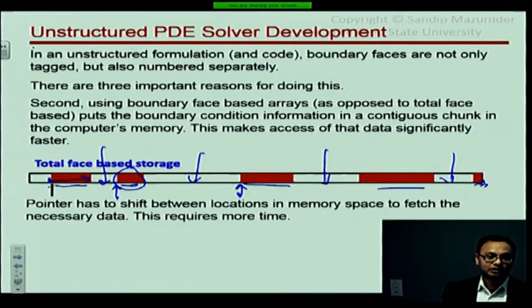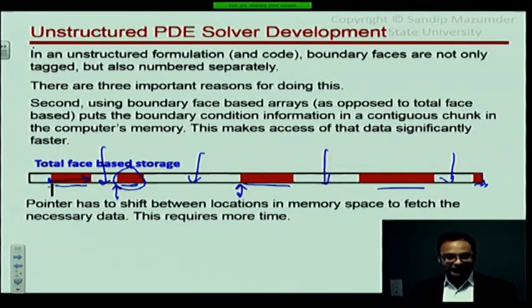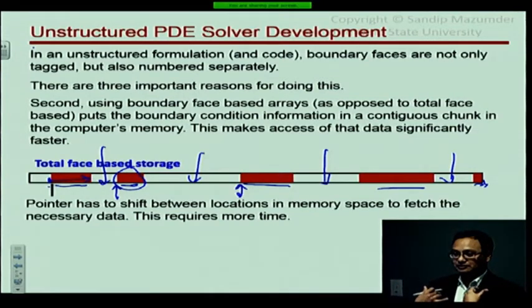The way data is accessed from a computer, typically in advanced codes, is you just give it the starting location and the length of the data you want to access. So you say, I want the pointer hitting slot number 32, and then I want 1 million of the next numbers. It will get you 1 million of those numbers. When it has to do this with gaps, it's problematic.